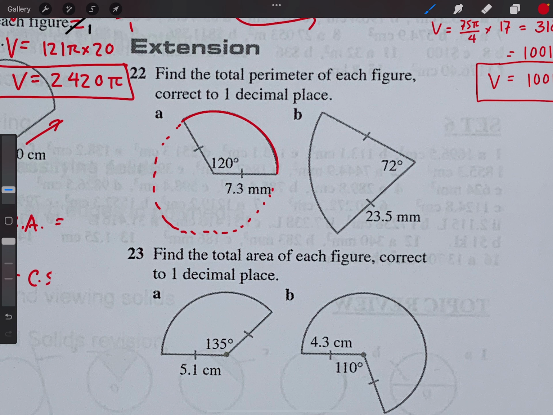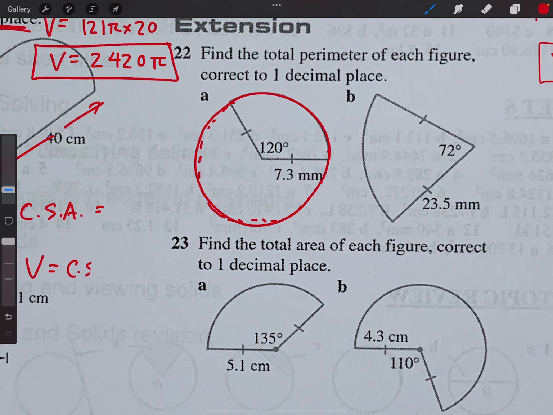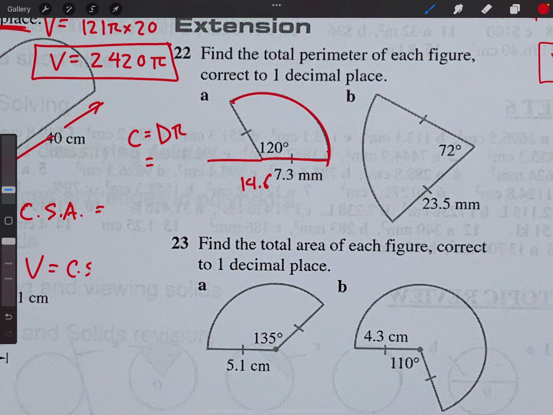Let's find the circumference of the entire circle. Circumference is equal to diameter times pi. The radius is 7.3, so the diameter must be double that, 14.6. So 14.6 times pi is the circumference of the entire circle.